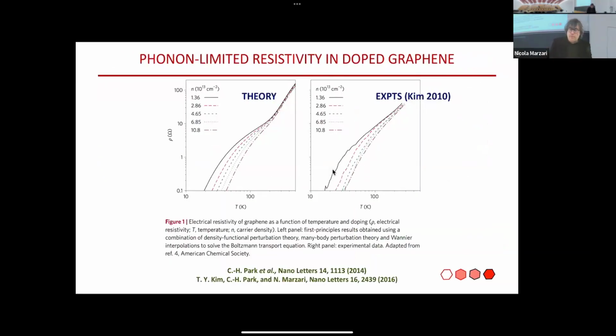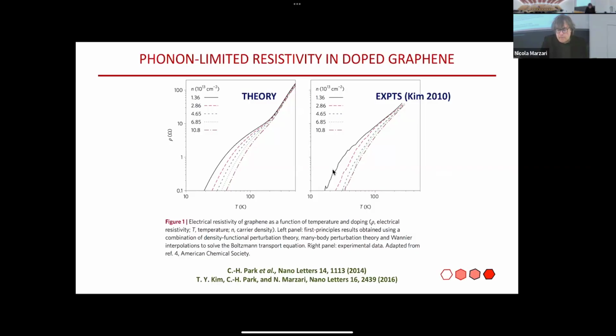A few other examples: this is the resistivity of a monolayer of graphene as a function of temperature and as a function of doping. And one can calculate it. What I say here, theory, is calculating the interaction between electrons and phonons, the vibrations, how they dissipate momentum, capturing that with, say, a coarse-grained Boltzmann transport equation and solving it accurately.